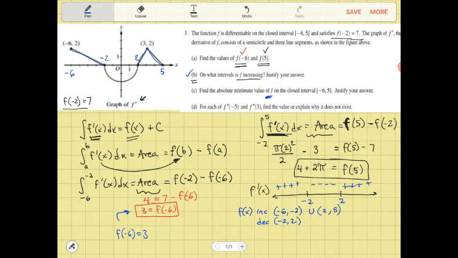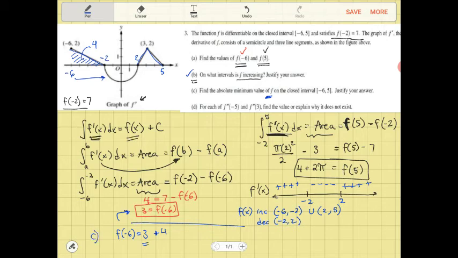And then we know that the function is going to increase, right? How much does it increase as we go from negative 6 to 2? Well, it increases by this area, which we found to be 4. So from positive 3, the function will go up 4.